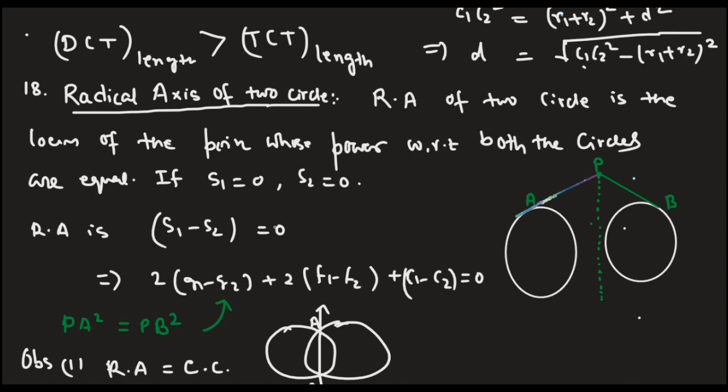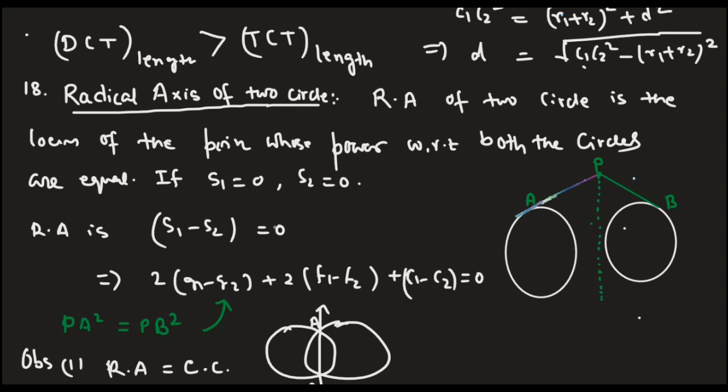So if S1 and S2 are the equations of the circles, then the radical axis is given by S1 minus S2 equal to 0. If S1 is x square plus y square plus 2g1x plus 2f1y plus c1 equal to 0, and S2 is x square plus y square plus 2g2x plus 2f2y plus c2 equal to 0, then the radical axis equation will be 2(g1 minus g2)x plus 2(f1 minus f2)y plus c1 minus c2 equal to 0.